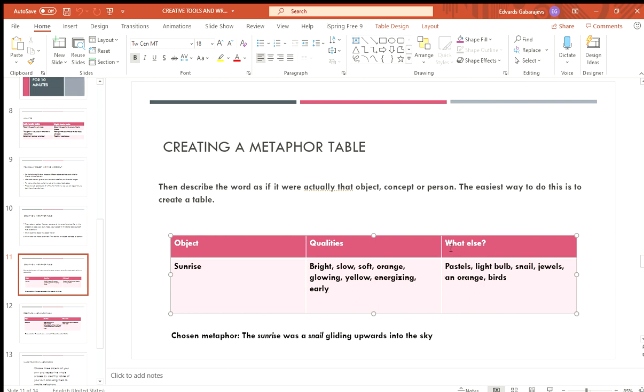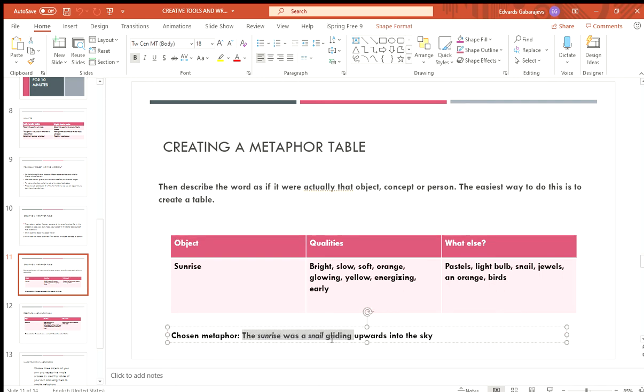And after that, you can write down what else has these qualities. So again, other objects that possess these qualities. In this way, you can create metaphors where you compare your object with these other objects and find similar qualities through these similarities. And what did they come up with here?